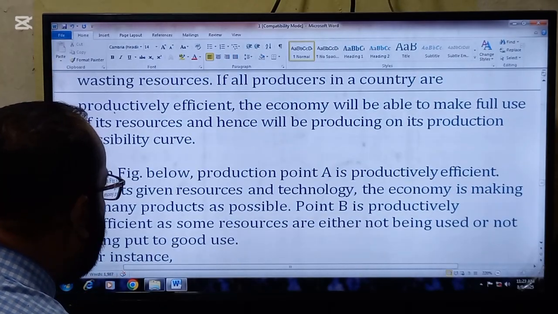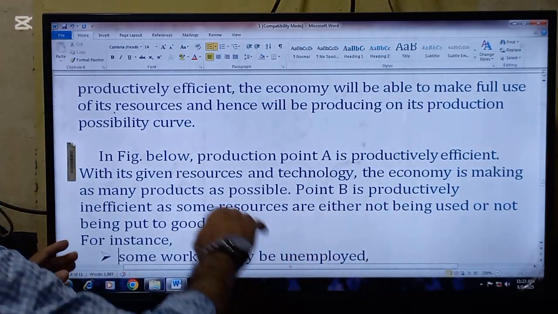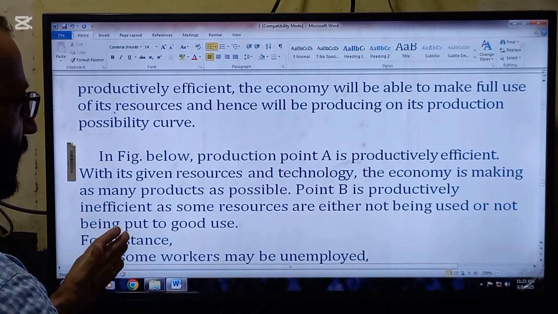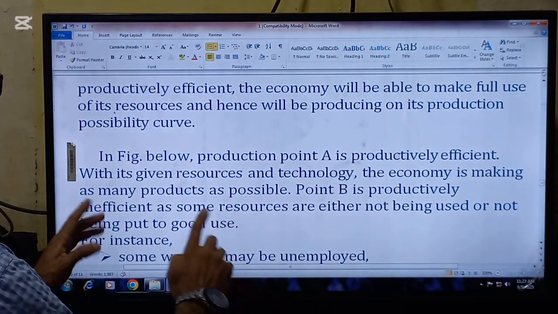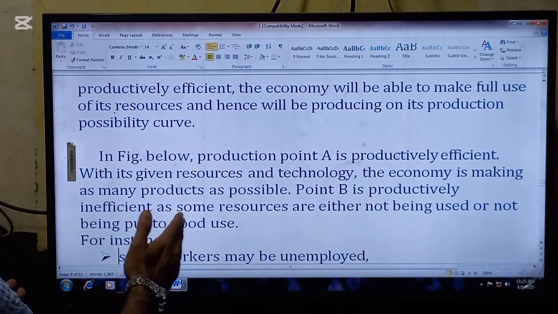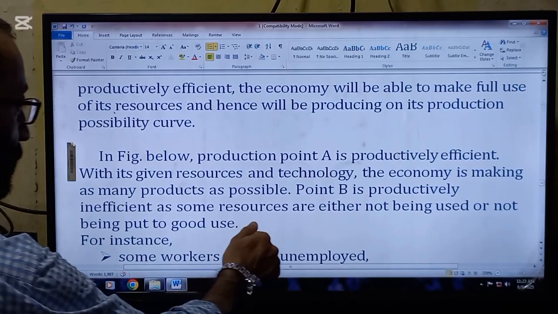In the figure below, production point A is productively efficient. So if the point is lying on that curve, that will be the point which is actually productively efficient.